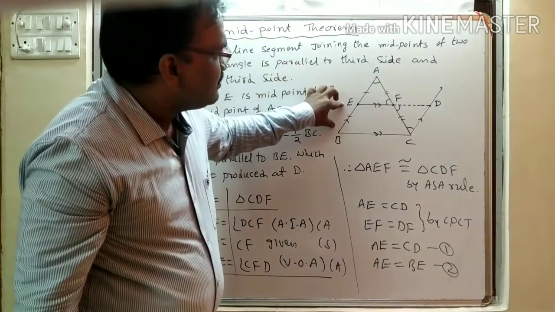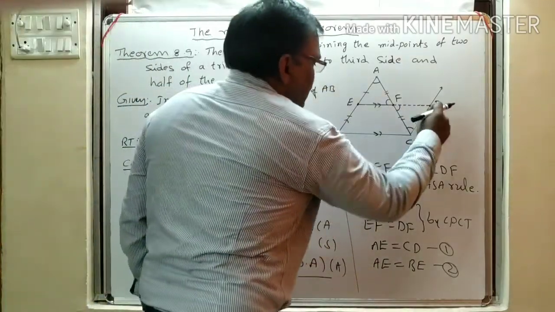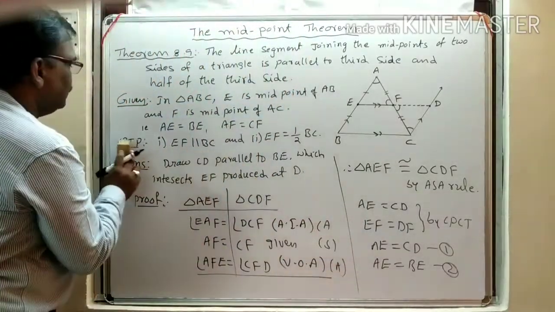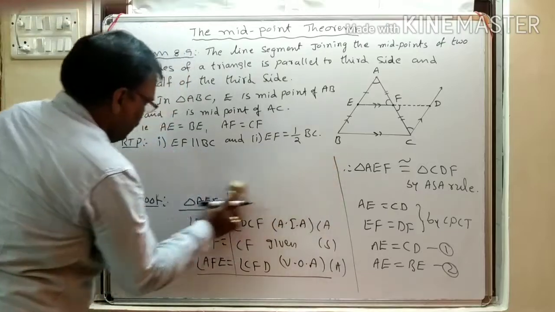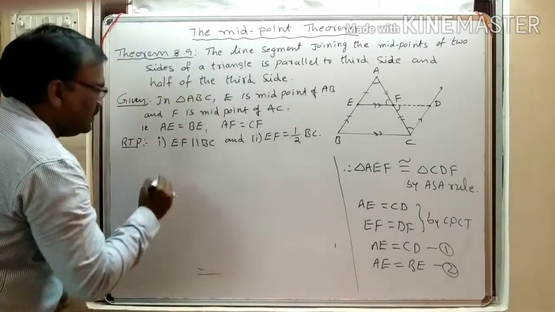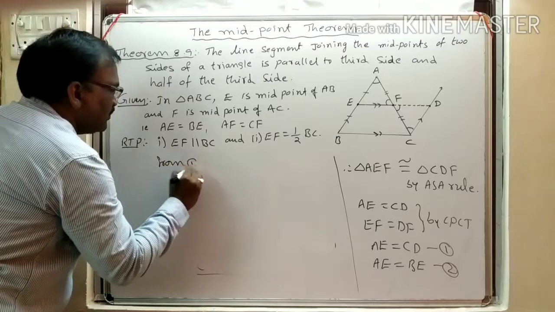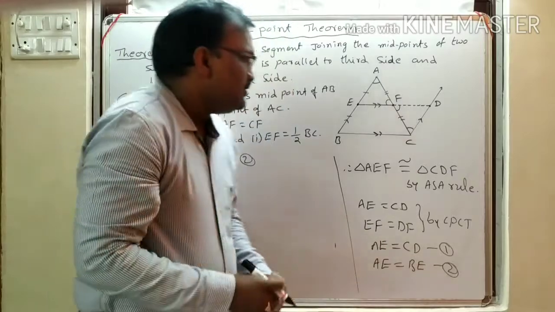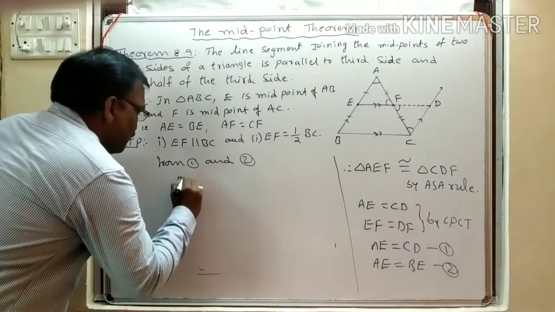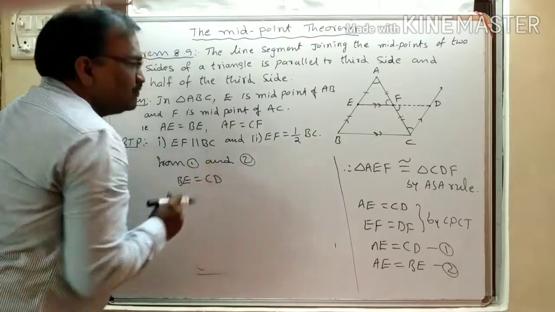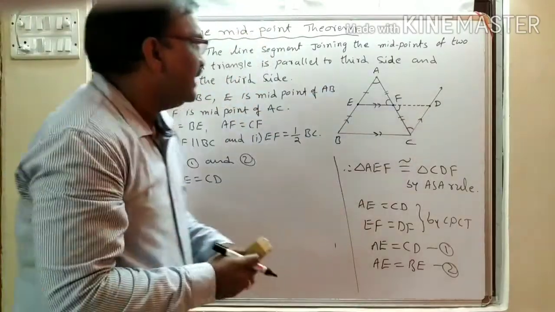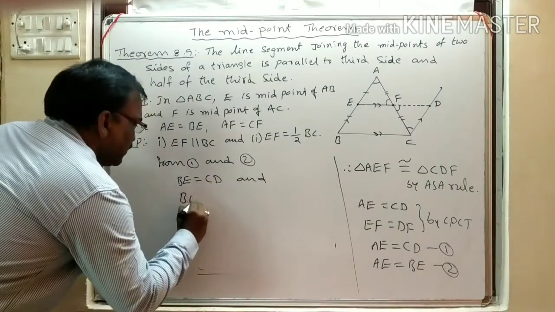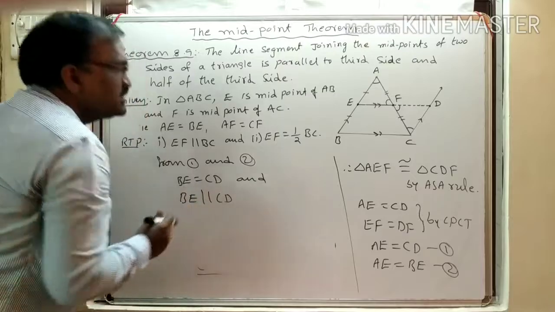So from these two conditions we can write BE is equal to CD. And also BE is parallel to CD.